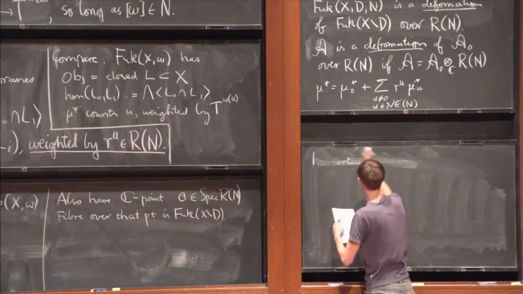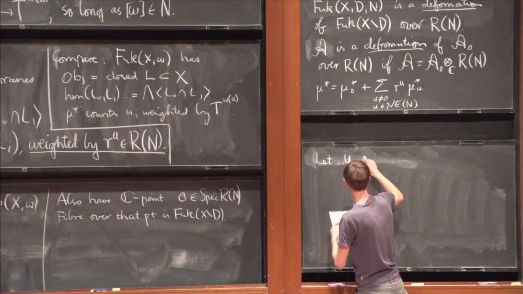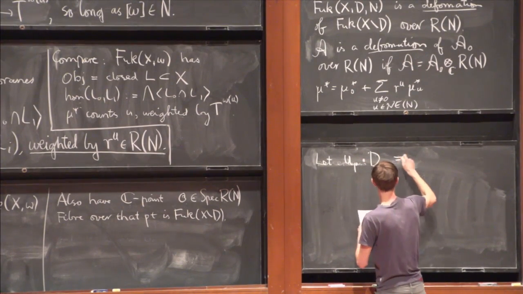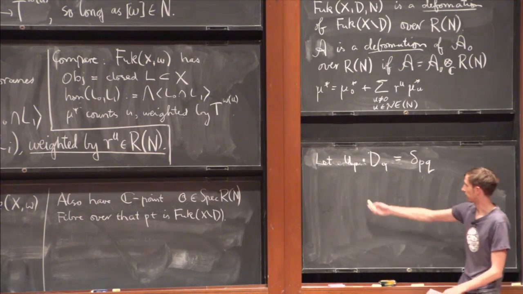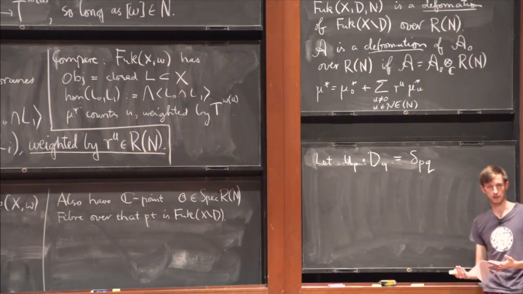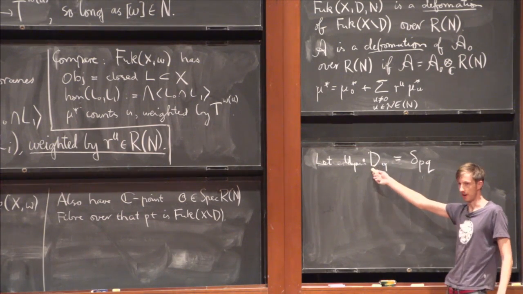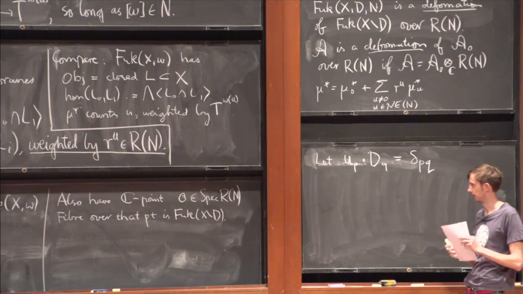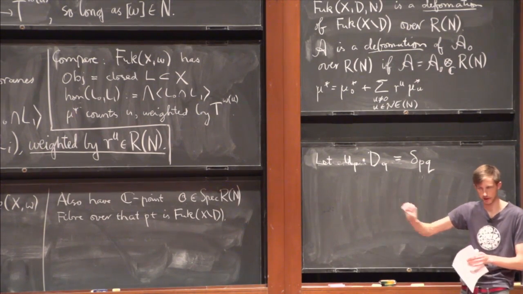Sorry. Suppose we consider the classes U_P in relative H2, which have intersection number 1 with the divisor D_P and 0 with all the other ones. So you can think of these as little disks just transverse to that one divisor.